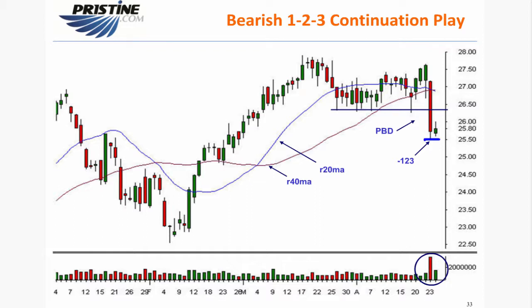And then as far as a target goes, where are you going to look? Now, I personally would be looking for it to come down into the $23 area, not necessarily down in here, because the wide range bar is igniting a new move. My expectation is that that first level right here is going to be exceeded.